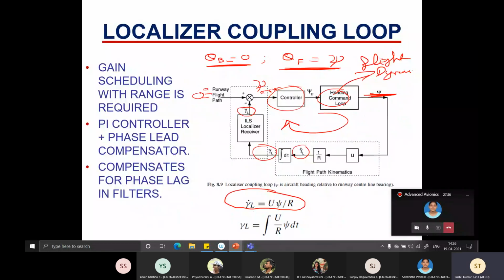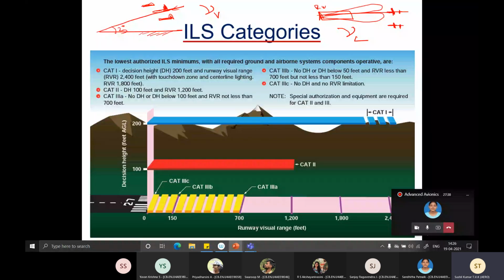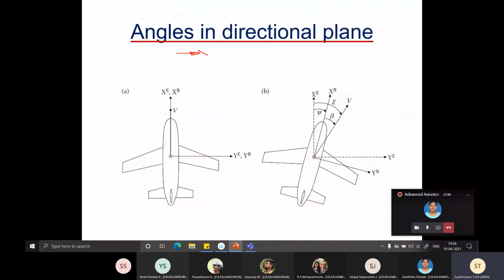Just draw it here. A normal control system, a closed loop control system. We have a plant, or the aircraft, and we used to have a sensor. Instead of sensor, we used to have amplifier K here.